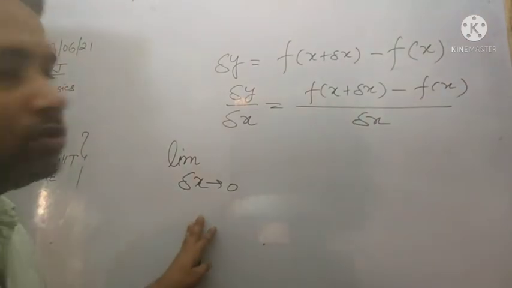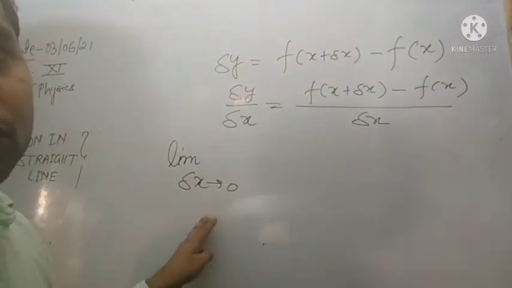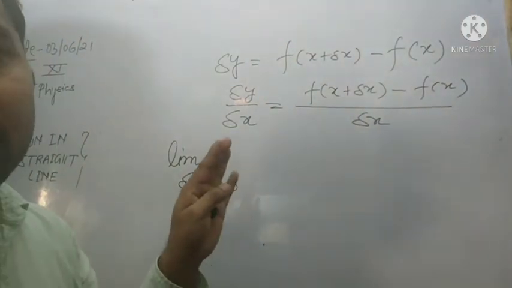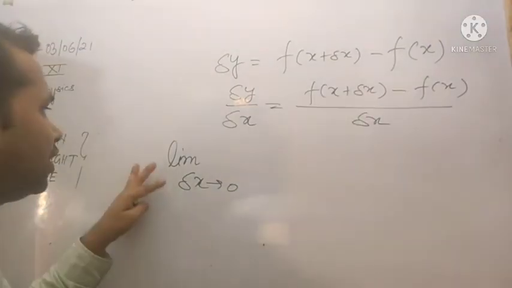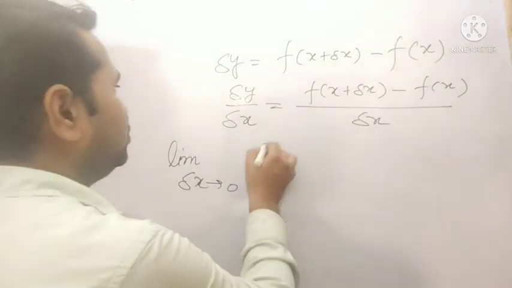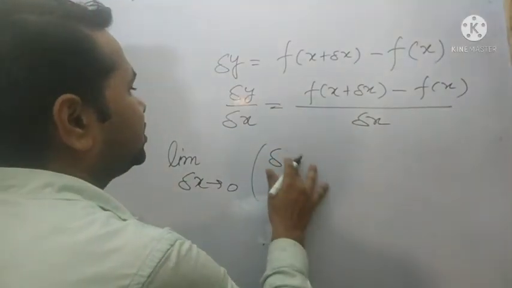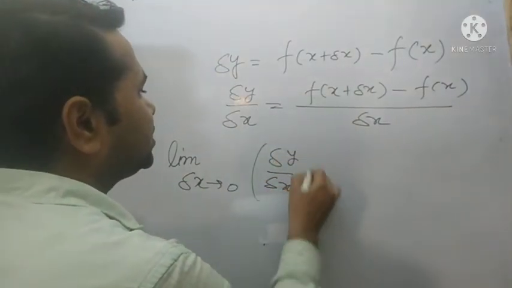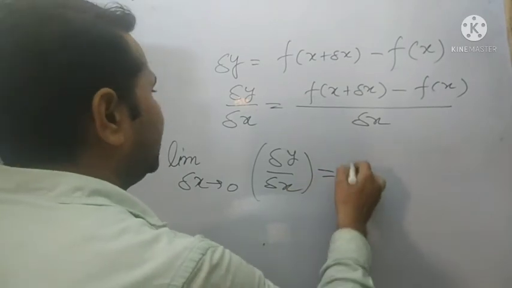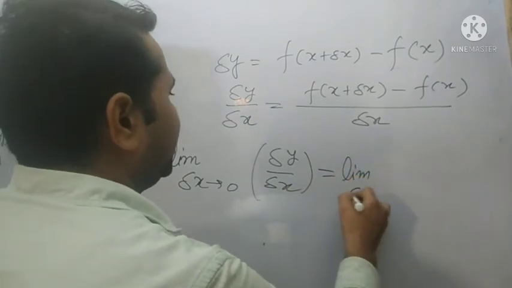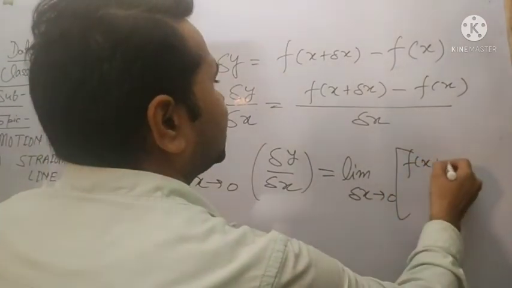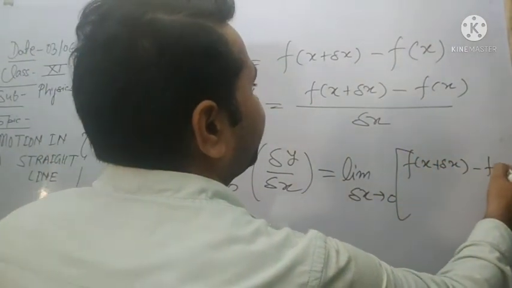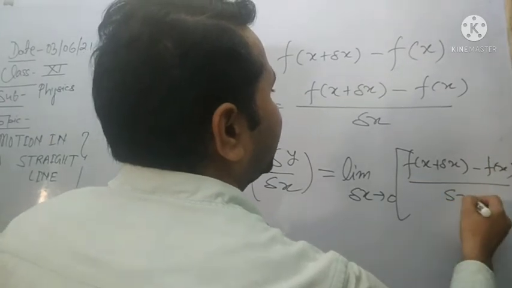These are mathematical tools which we are using here to explain the differentiation meaning. Differentiation है क्या, वो बताना चाह रहा हूँ तुम्हें. Limit delta x tends to 0, so this is limit delta y by delta x, and limit delta x tends to 0 of f(x + delta x) minus f(x) divided by delta x.